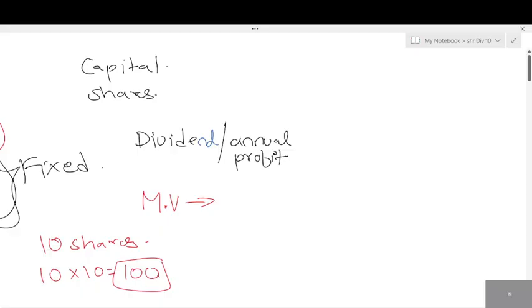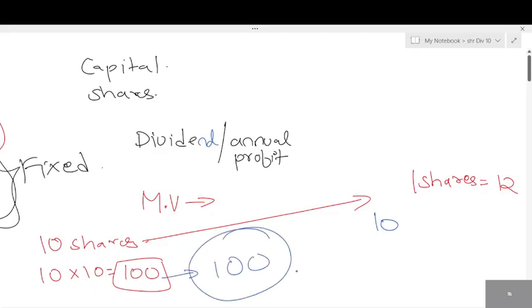Once the company is running successfully, the investors will quote a higher price. If one share is 10 rupees, they will quote one share as 12 rupees. Now, how many shares do I hold in this company? 10. How much did I pay initially? I paid 100. Now each share has become rupees 12.